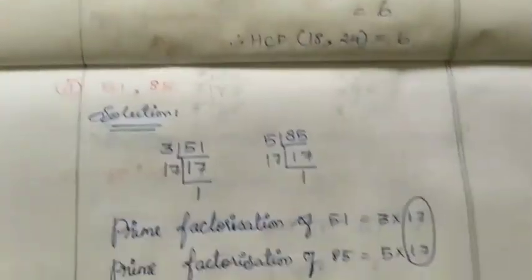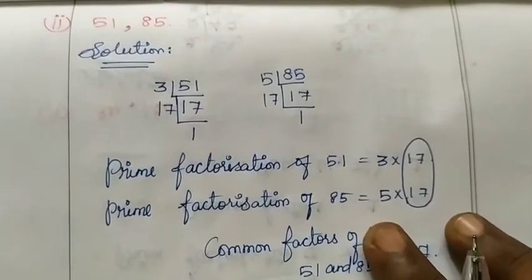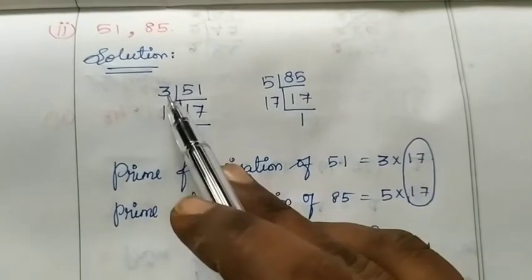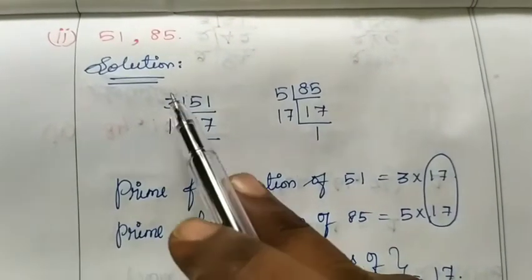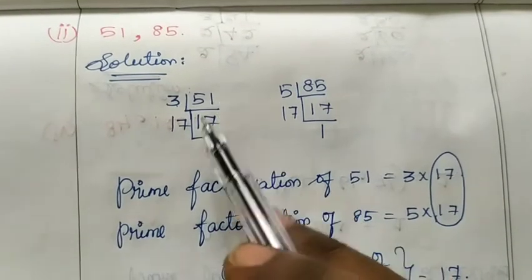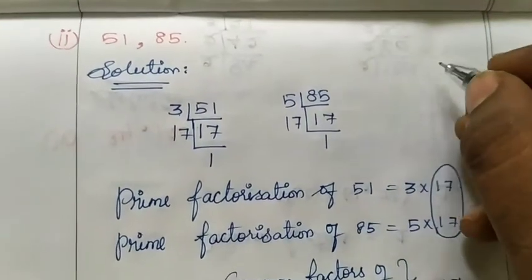Go to the next question, second one, 51 comma 85. The number 51 comes in the 3 table. 1 3 is 3, balance 2, take 21.